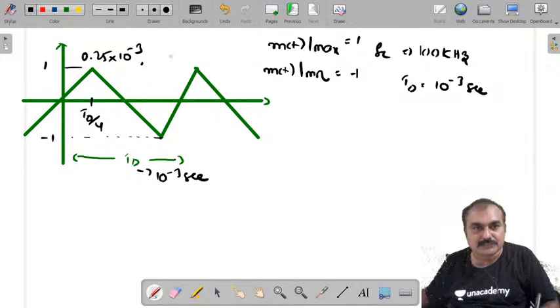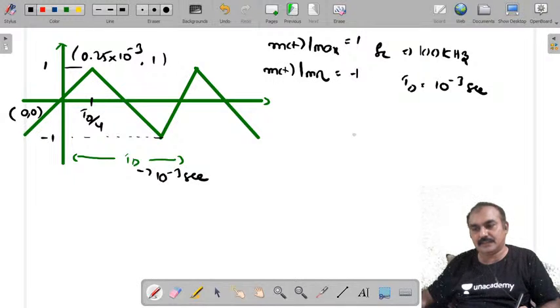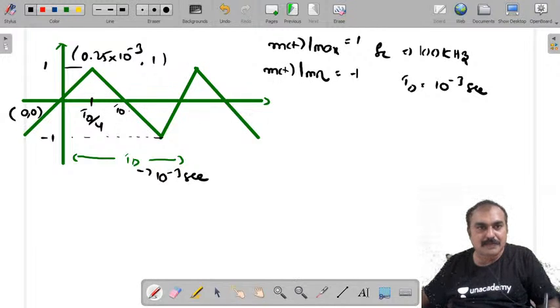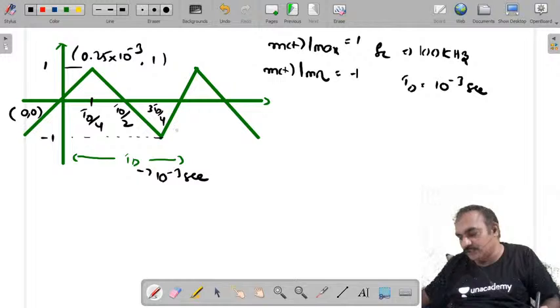Next, this is 1. You are getting my point? Similarly, this is 0, 0. I am writing the coordinates first. Here again he has given T0/2, and this is again 3 times, so 3T0/4. Then it becomes again T0. So this value is how much?